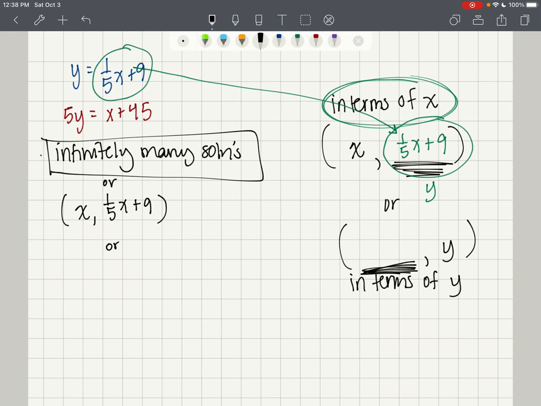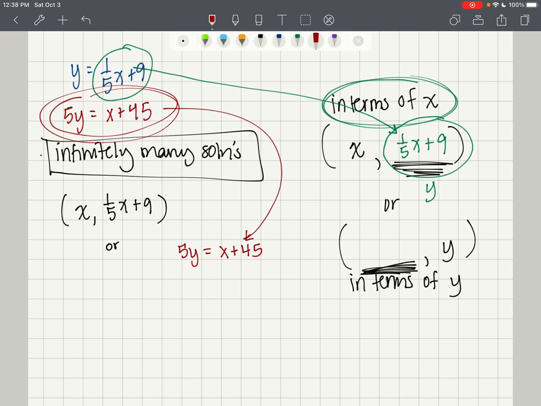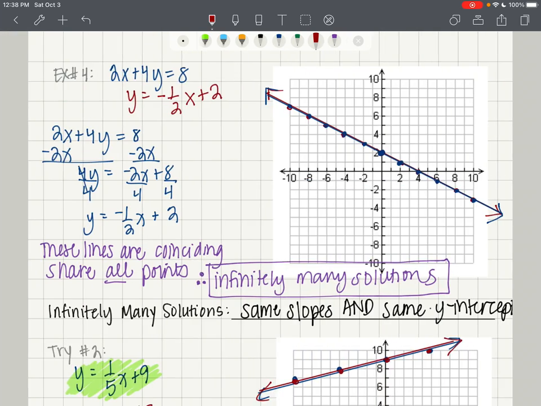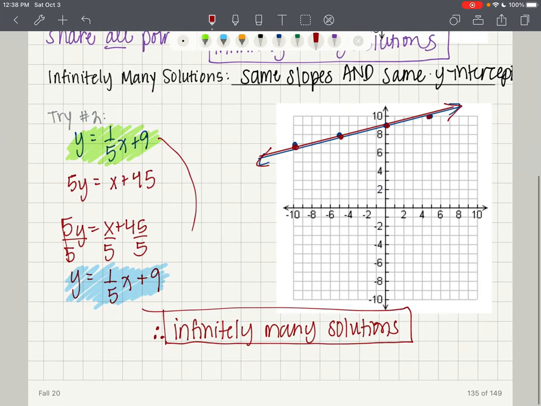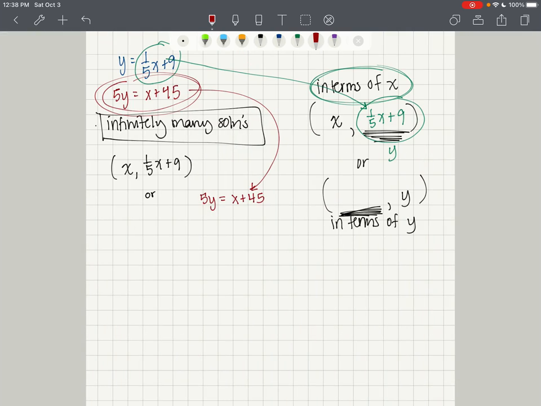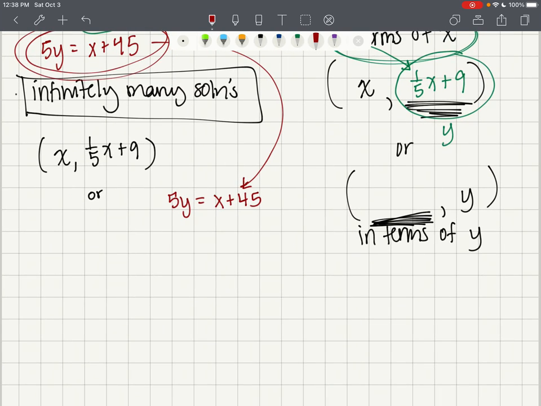I could also write the answer in terms of y. So if I write it in terms of y, I need to solve for x. So what I'm going to do here is say, okay, well, let's solve that for x. 5y equals x plus 45. Now, it doesn't matter which equation you take and solve for x, because remember, they're the same equation. It doesn't matter which one you decide to work with when you have infinitely many solutions.